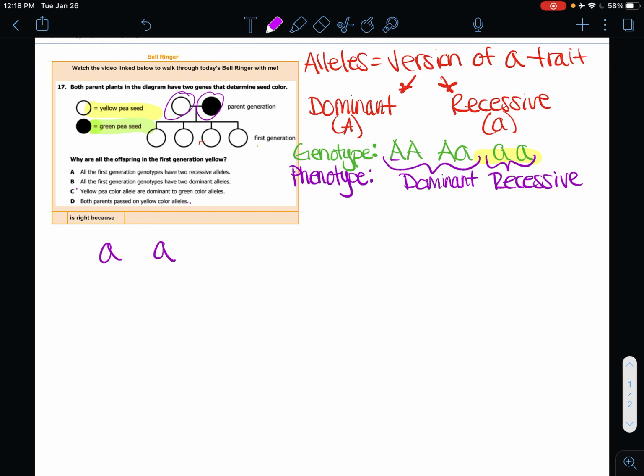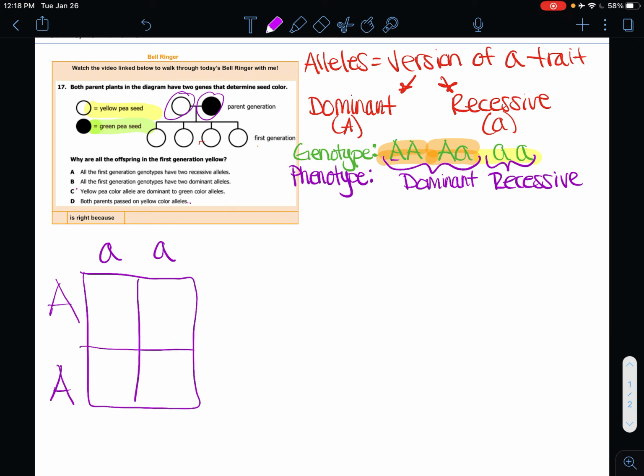Now, since the other one is dominant, we know that there are 2 possibilities of what their genotype can be. They could have 2 capital A's or a capital A and a lowercase a. So what we are going to do is we're actually going to do the Punnett square for both options. And again, the Punnett square, what is the point of the Punnett square?